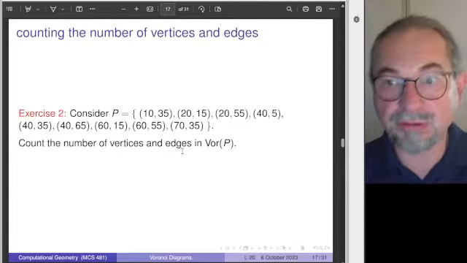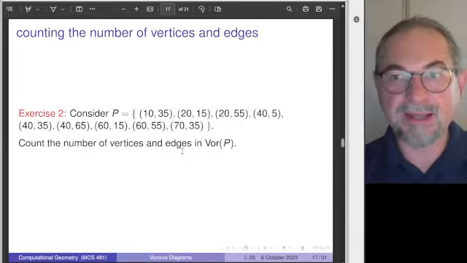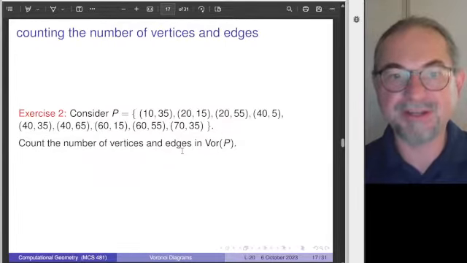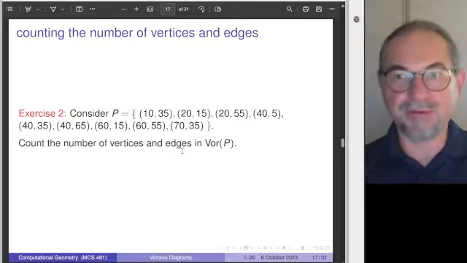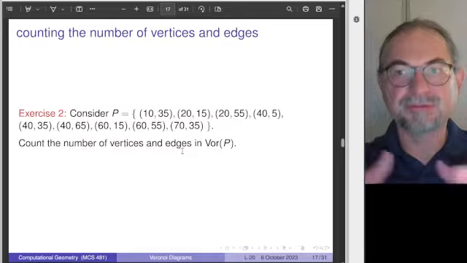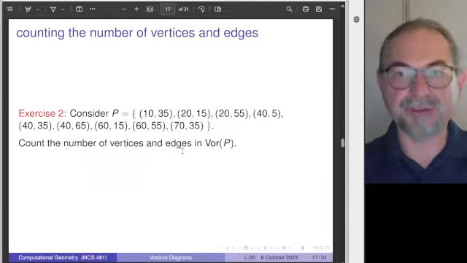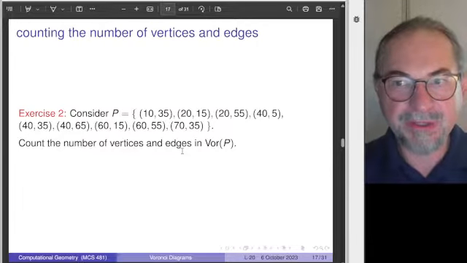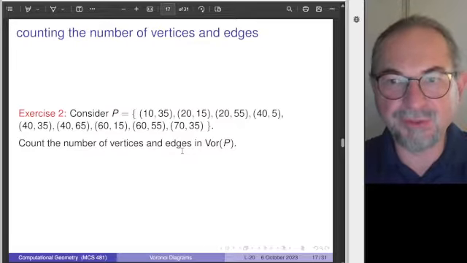You can also run the notebook over and over again, and each time report the number of vertices and the number of edges. If you are more a statistician, you can compute 1000 Voronoi diagrams and make a histogram of the number of vertices and the number of edges. So exercise 2 is again a slow down, inviting you to experiment and to compute a little bit.